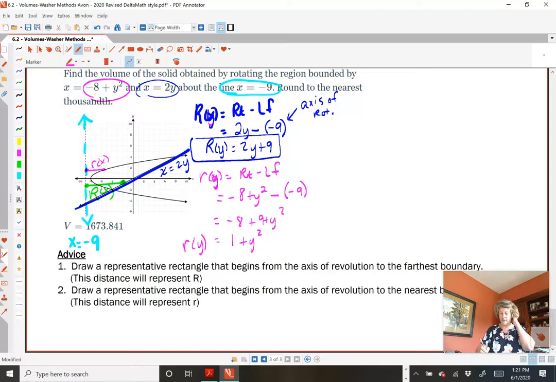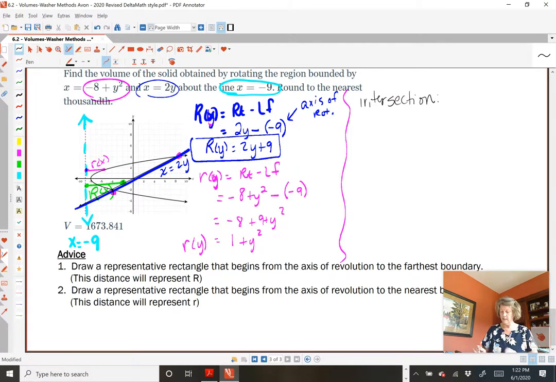We also need to know where these points of intersection are. So let's get an intersection going here. Set the functions equal. Negative 8 plus y squared equals 2y. I'm going to bring everything to the left side this time.